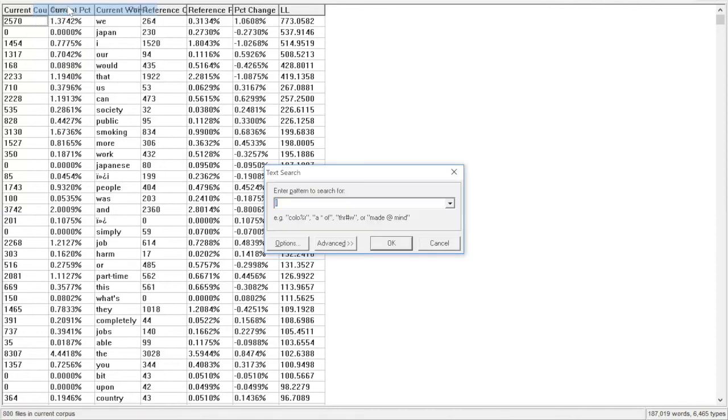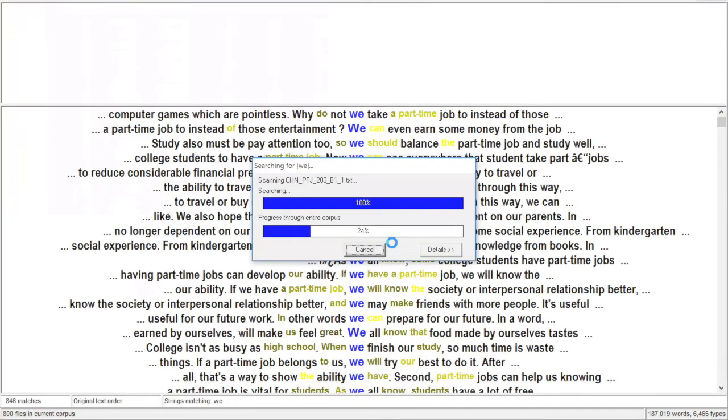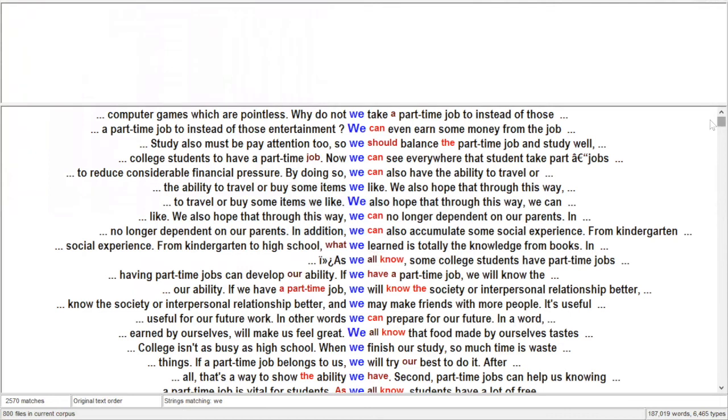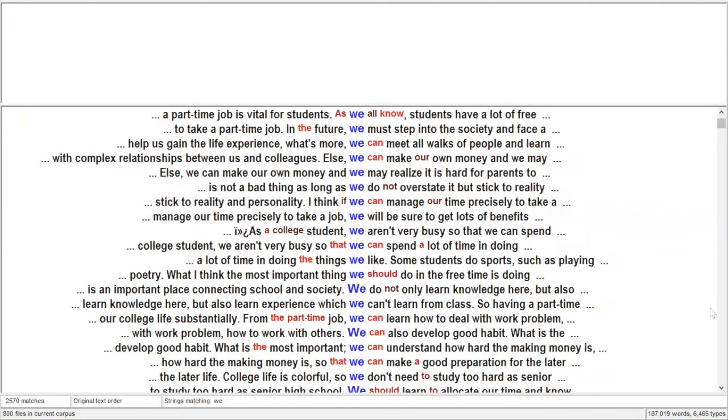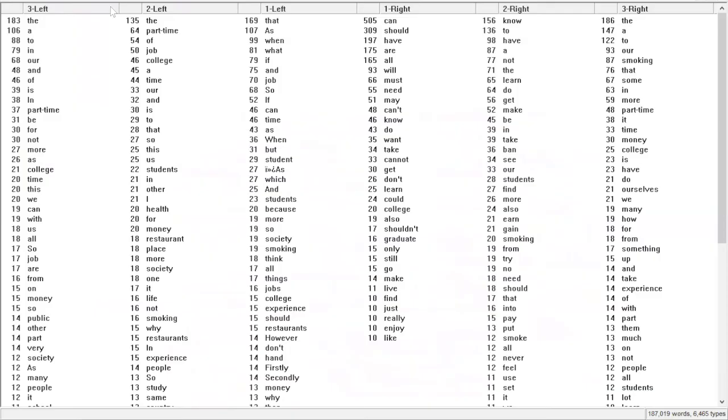Then we follow up with the concordance search and see how it's being used. So this is the Chinese learners. When we finish our study, the ability we have, we can do various things. Look at the collocate frequency for that.